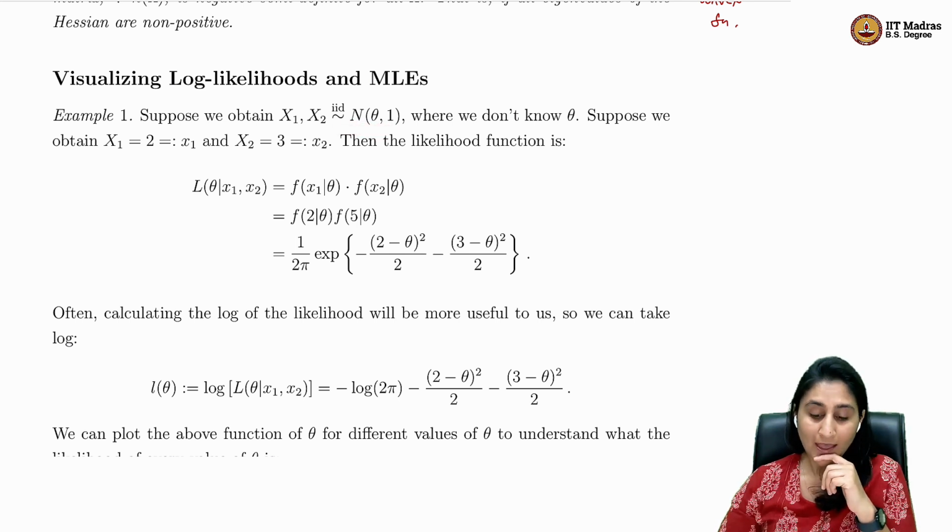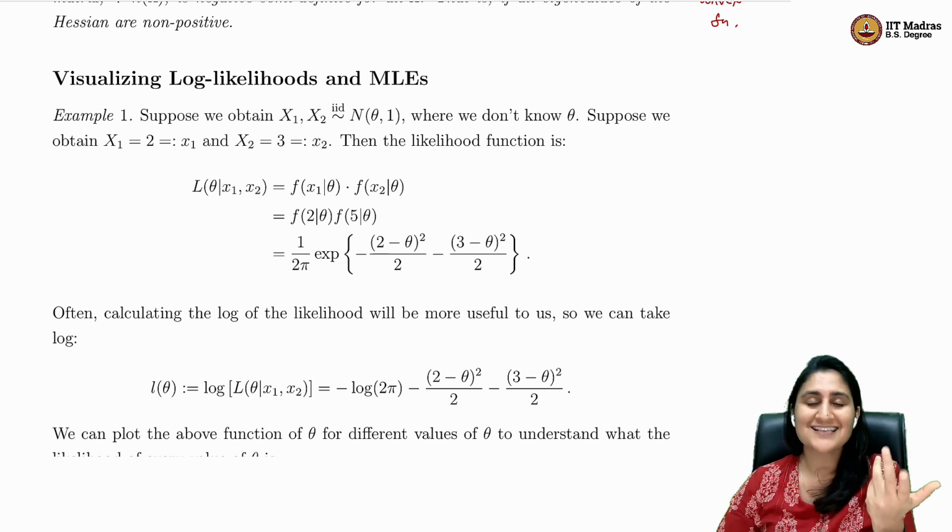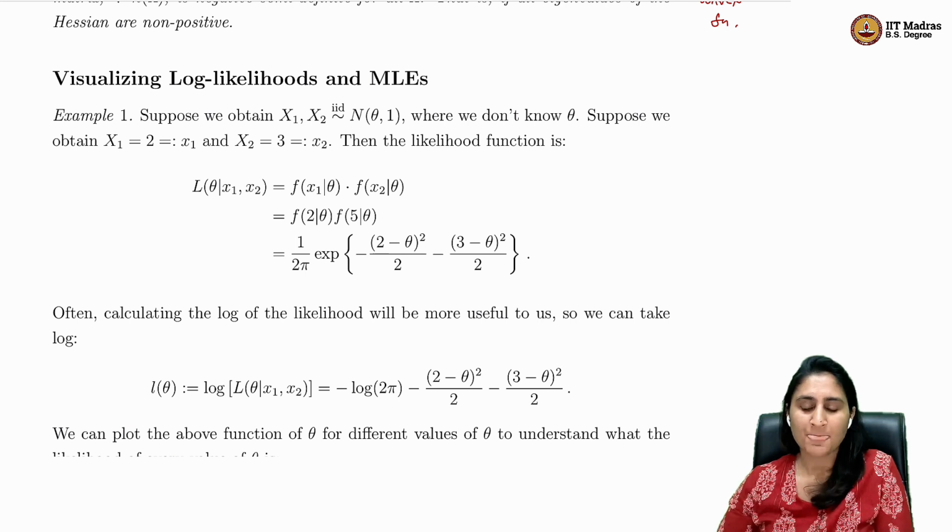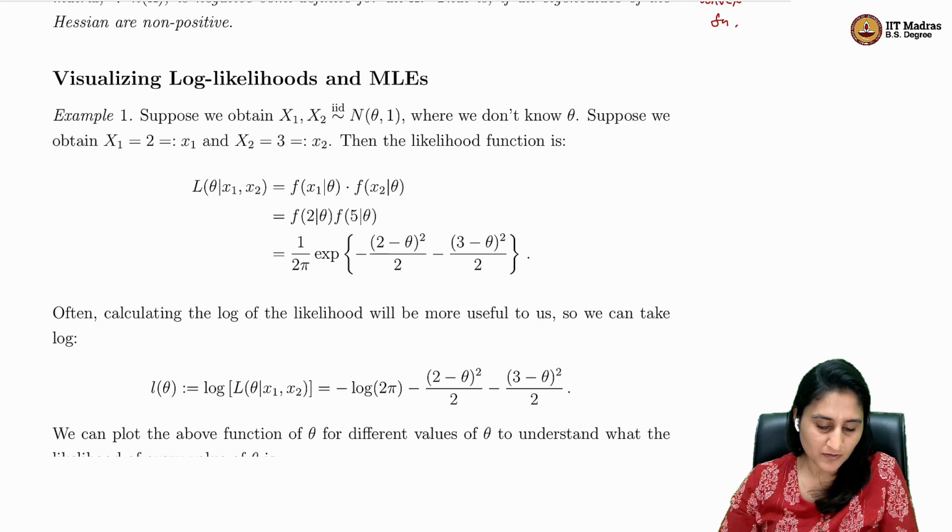Okay, and we don't know theta, so that means that what we want to do is estimate theta, right? We don't know it and we would like to estimate it. And suppose the actual data that we observed was x1 took the value 2, so I denote that as small x1, and x2 denotes the value 3, and I take that as small x2.